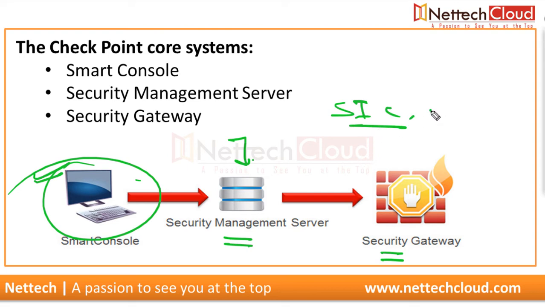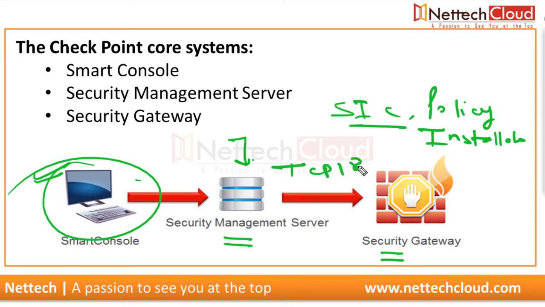So for the SIC and policy installation, TCP port 18191 is required here, because of the Check Point daemon protocol, CPD, 18191. If there is no SIC, policy cannot be installed. So one of the communication ports here is CPD, the Check Point daemon protocol, TCP 18191.